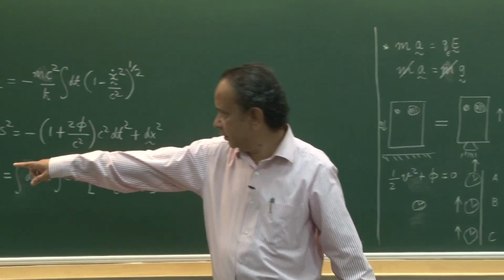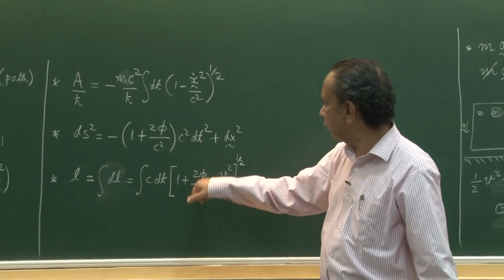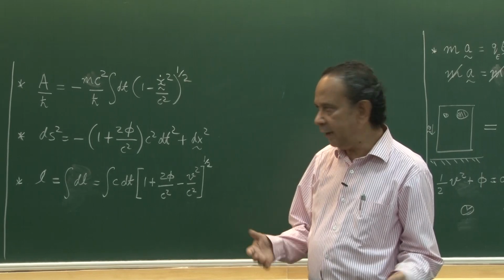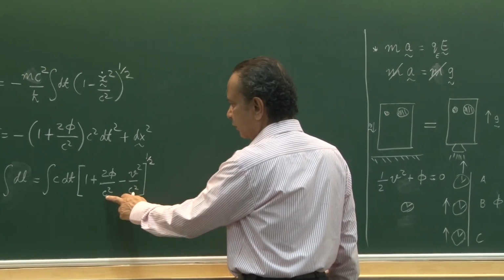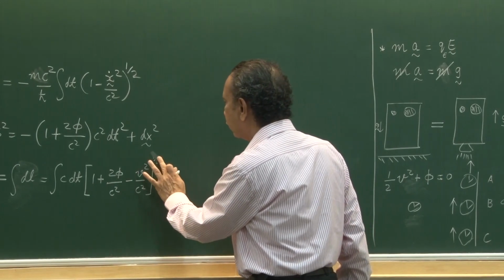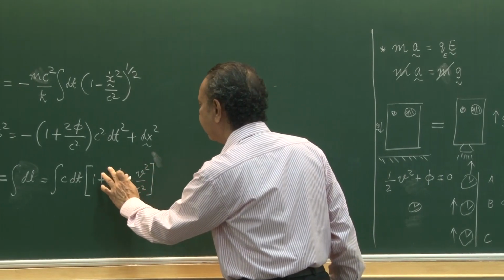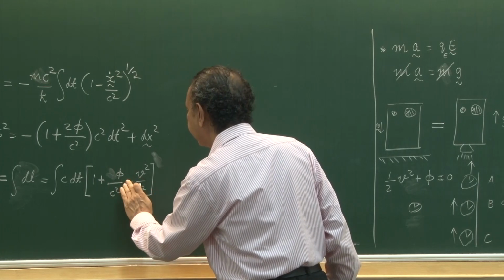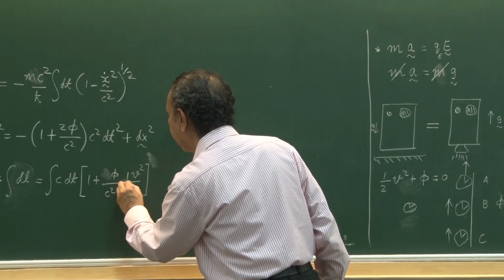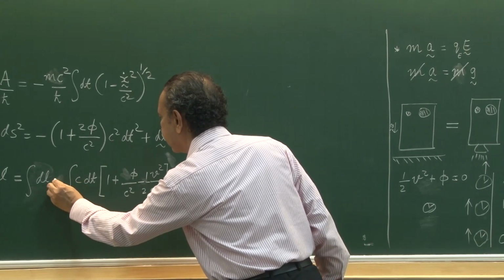It is exactly the same as this, except for minus v square by c square, you also get this 2 phi by c square. Because we are looking at a weak field, c is very large, we are looking at the non-relativistic limit. So, this square root can be approximated by a factor half. So, this is half and this is minus half v square, and I will put an approximation sign here.